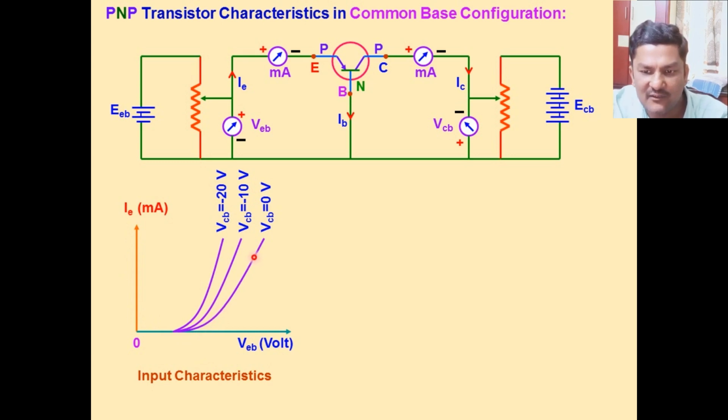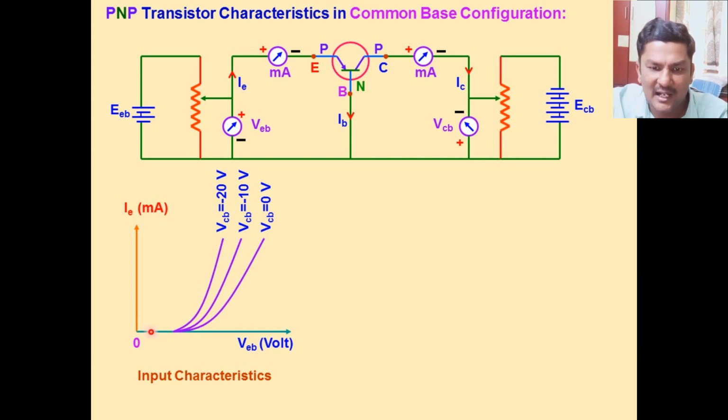It is a curve. From the graph it is observed that when VEB equals 0, the IE value is also 0. Even if we increase the VEB value, by 0.1 volt or 0.05 volt, IE is still 0. VEB is increasing in the order of 0.1 volt, or you can change it in the order of 0.05 volt also.